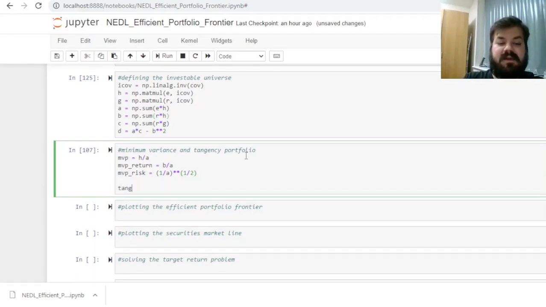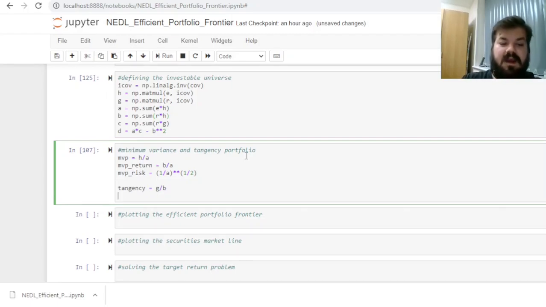And for the tangency portfolio, again, this is correct for a 0 risk-free rate. Non-zero risk-free rate would go into the calculation here. The tangency portfolio would be the G vector divided by the B constant. Those would give us the weights of the tangency portfolio.